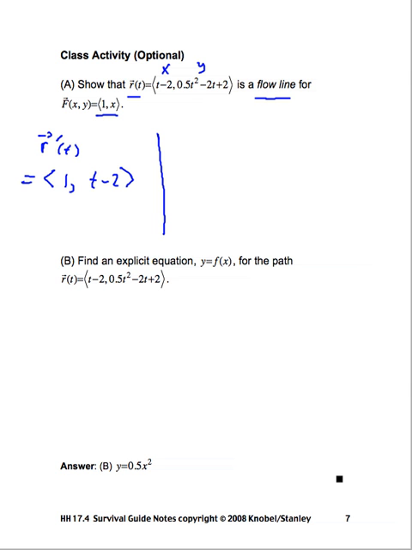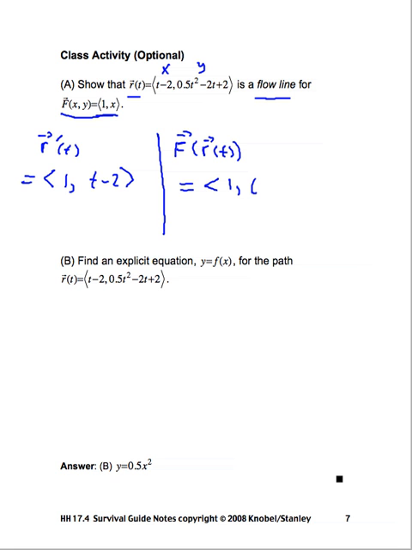On the right side, I have to compute f of r of t. Write this in shorthand notation. So I have to substitute for x and y into the vector field f. Now, of course, f, the first component is just 1. The second component of f is x, but x is t minus 2.